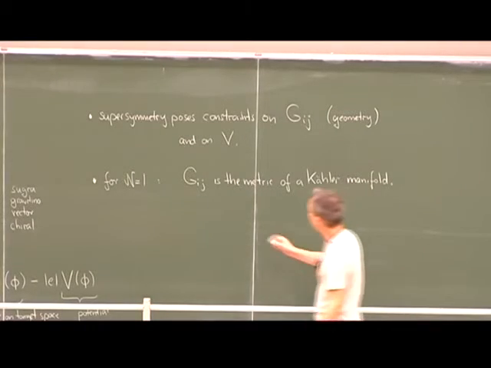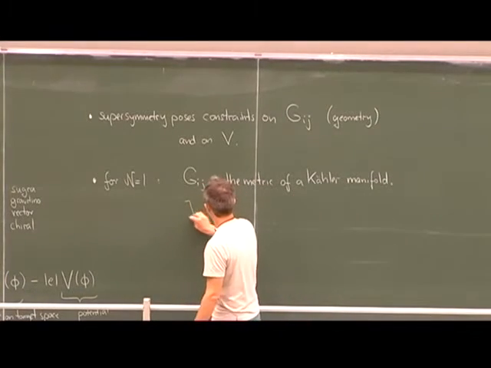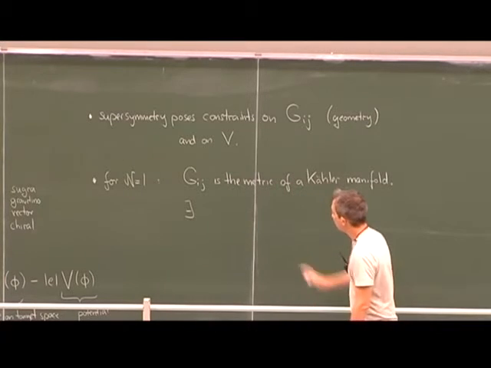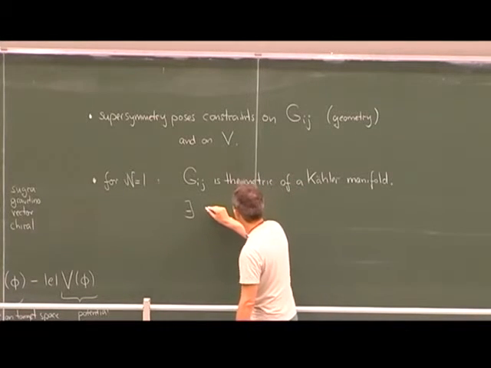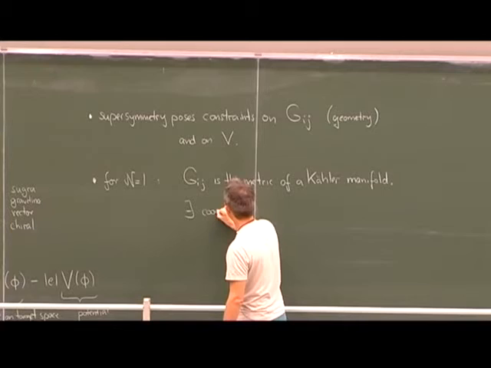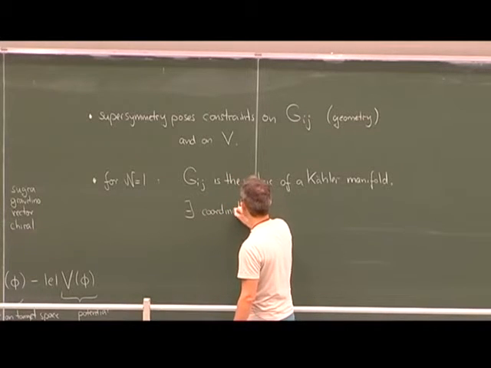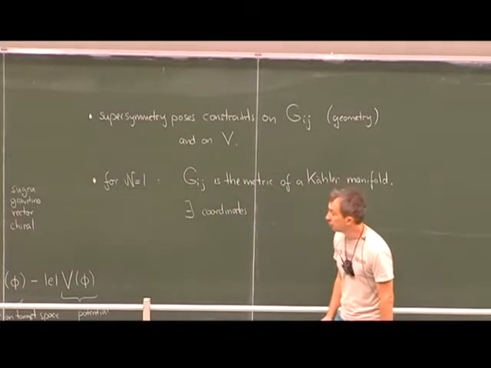So what does it mean? Without going into many details, there are complex coordinates on this manifold.